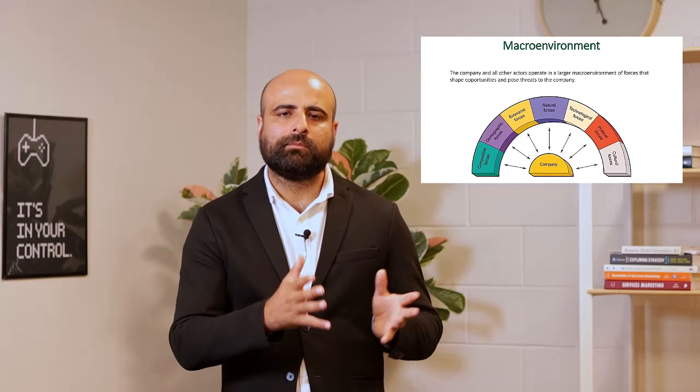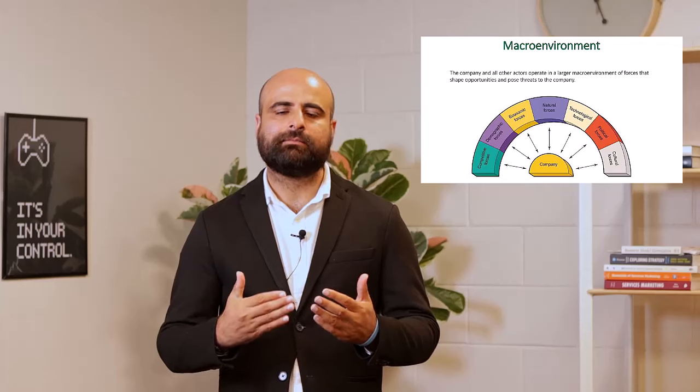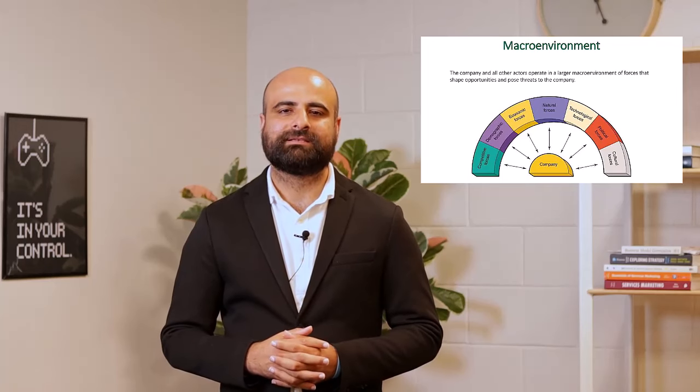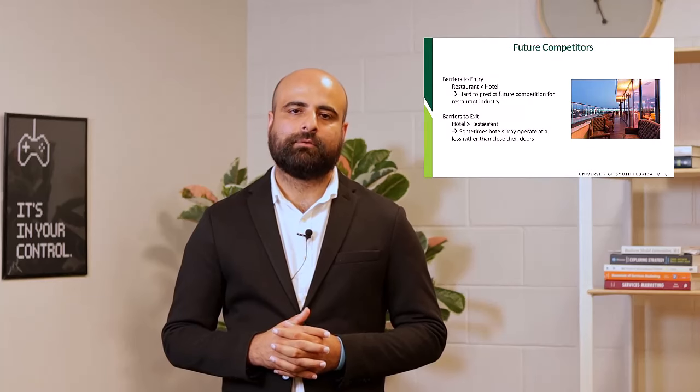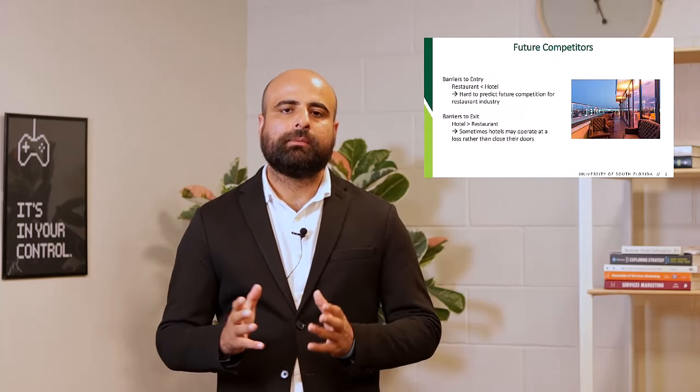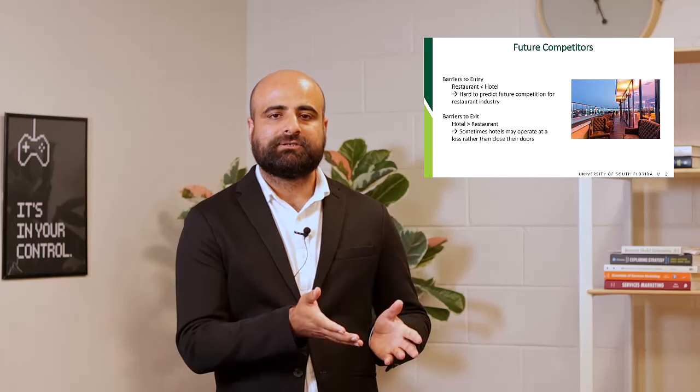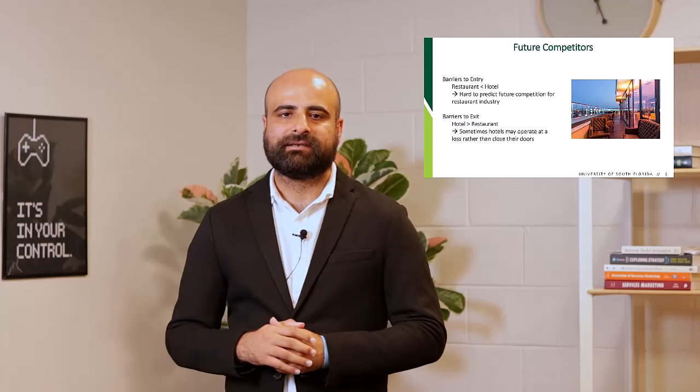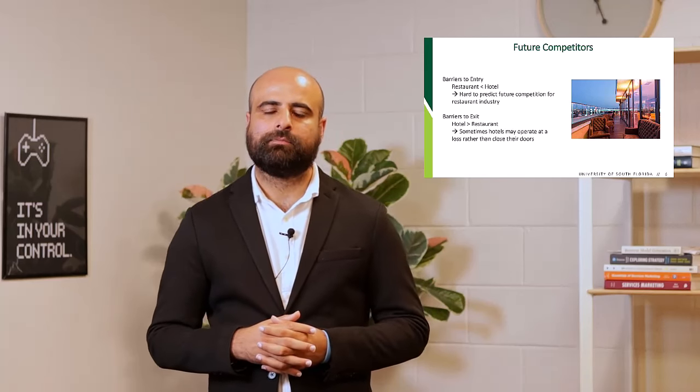We will talk about some of the most important ones here with some examples so that you can get a feel for these macro environmental factors. The first one is the competitive landscape of the market. Here there are two important things to consider: the barriers to entry and the barriers to exit. Let's say I am a hotel operator.